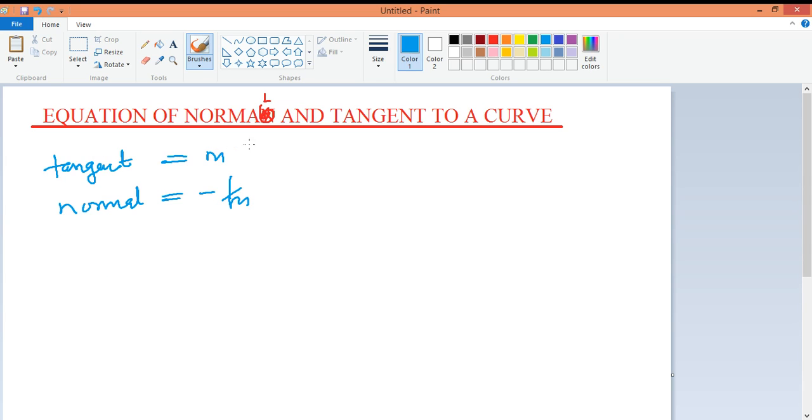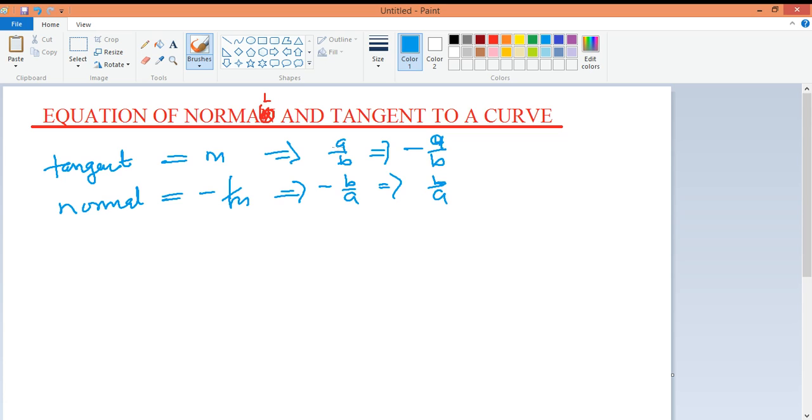Or if the tangent has a gradient of a over b, then the normal, which is the negative reciprocal, will be negative b over a. Or if the tangent has a gradient of negative a over b, then this becomes positive b over a, negative reciprocal. So take note.